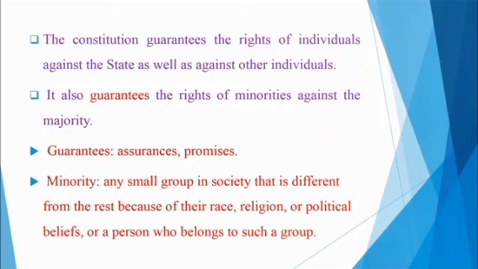The Constitution guarantees the rights of individuals against the state as well as against other individuals. It also guarantees the rights of minorities against the majority. Here, guarantees means assurances or promises. Minority means any small group in society that is different from the rest because of their race, religion, or political beliefs, or a person who belongs to such a group.